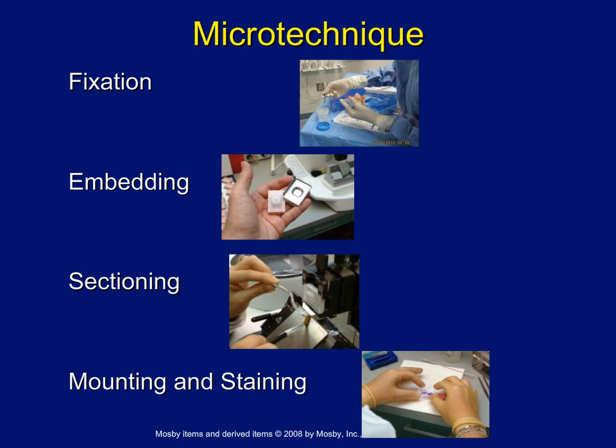So we simply run that tissue through lots of different changes of a solvent until we get that specimen into wax, and once it hardens in that wax, we can then section that wax block on something called a microtome. A microtome is just a tool used to cut very, very thin sections out of our chunk of tissue. And once we've done that, we can mount those sections onto a microscope slide and stain that slide so that we're able to visualize the tissues that are on there.